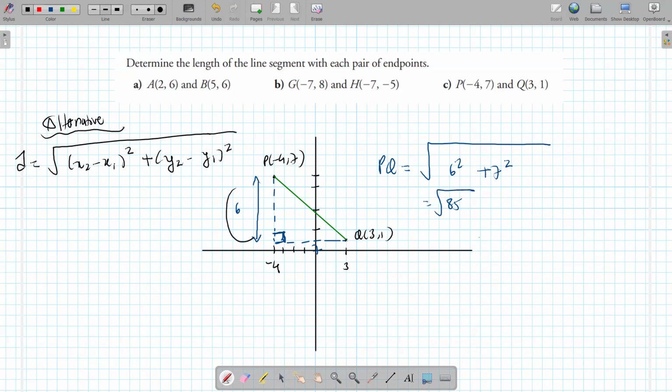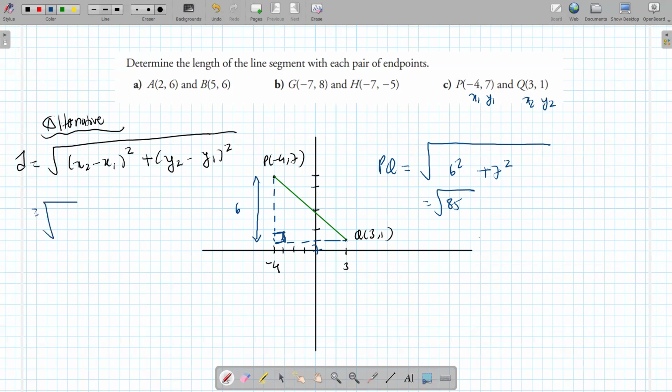It's basically the Pythagorean theorem in one step. Y2 minus y1 is the height, and x2 minus x1 is the base. You can label either point as x1, y1. The order doesn't matter because you're squaring anyway, but they must be 1s and 2s, like this.